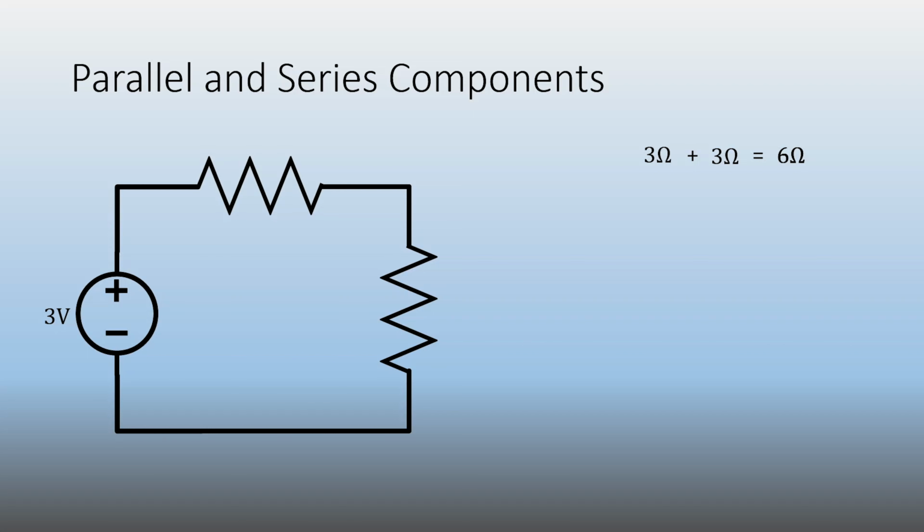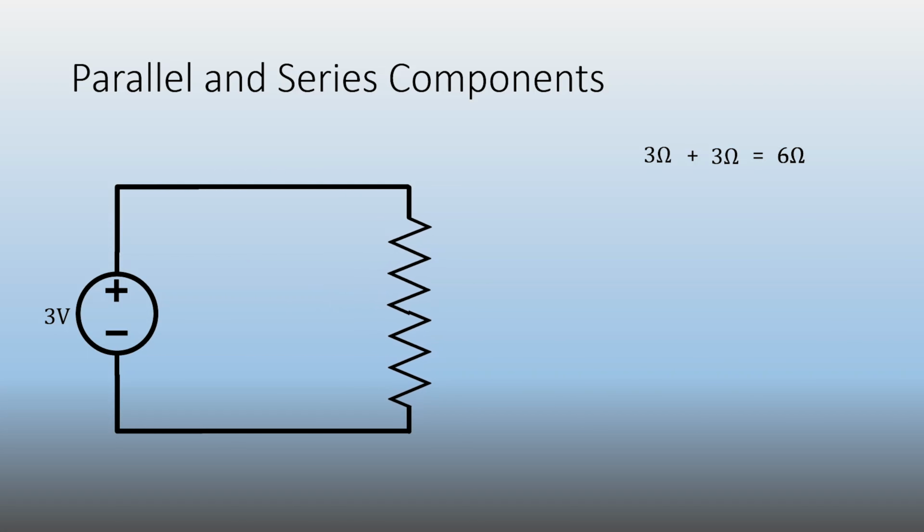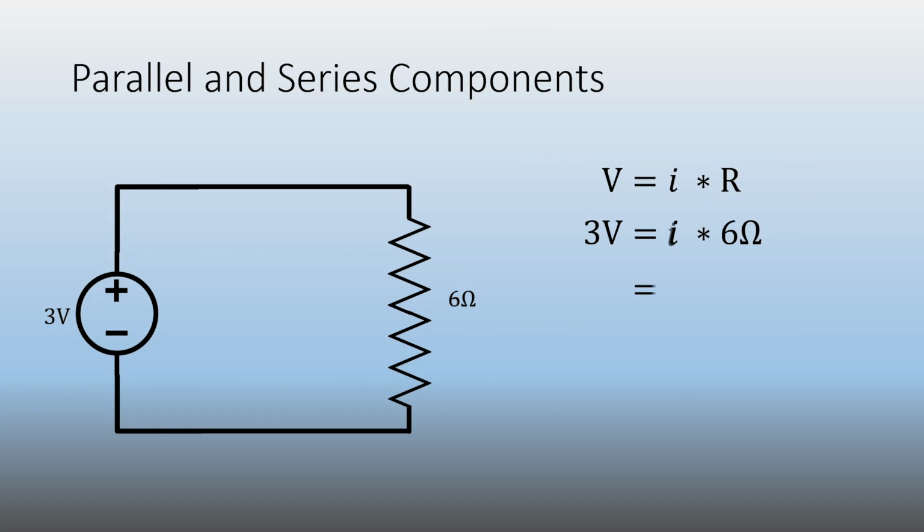We can rearrange the circuit like so. It looks different, but it is the exact same as we had before. These resistors are so close together, they look like one big resistor. Basically, 3 ohms plus 3 ohms is 6 ohms. Now we can solve the circuit. Again, using Ohm's law, we plug in the values, rearrange the equation, and solve.